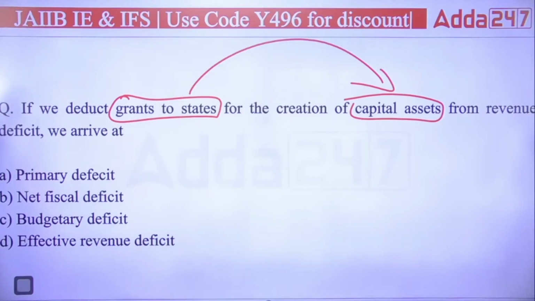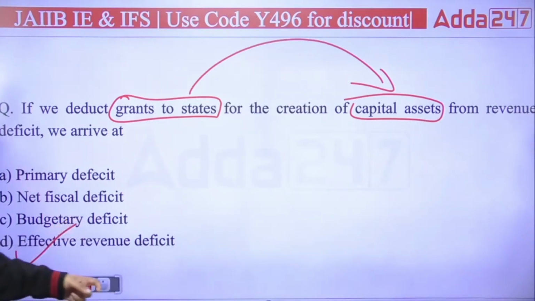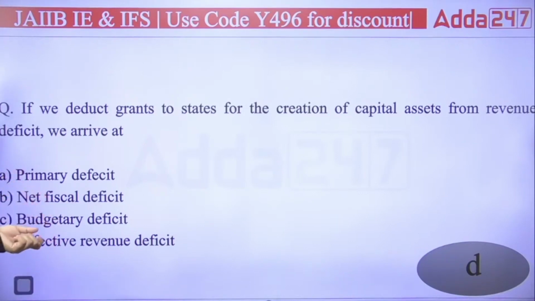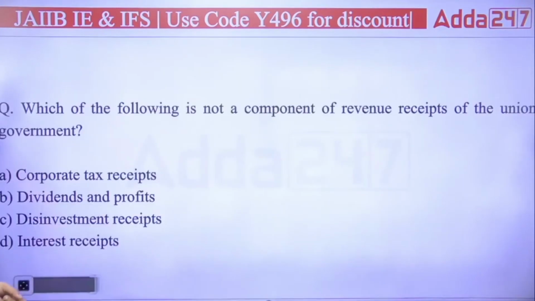So if we subtract grants to states for the creation of capital assets from the revenue deficit, we arrive at the effective revenue deficit. It will be the effective revenue deficit after deducting the grants, because the grants are free of cost. That's a grant, that's your asset now, you do not have to pay it back. So you can subtract your grants from the revenue deficit, and you will get the effective revenue deficit.